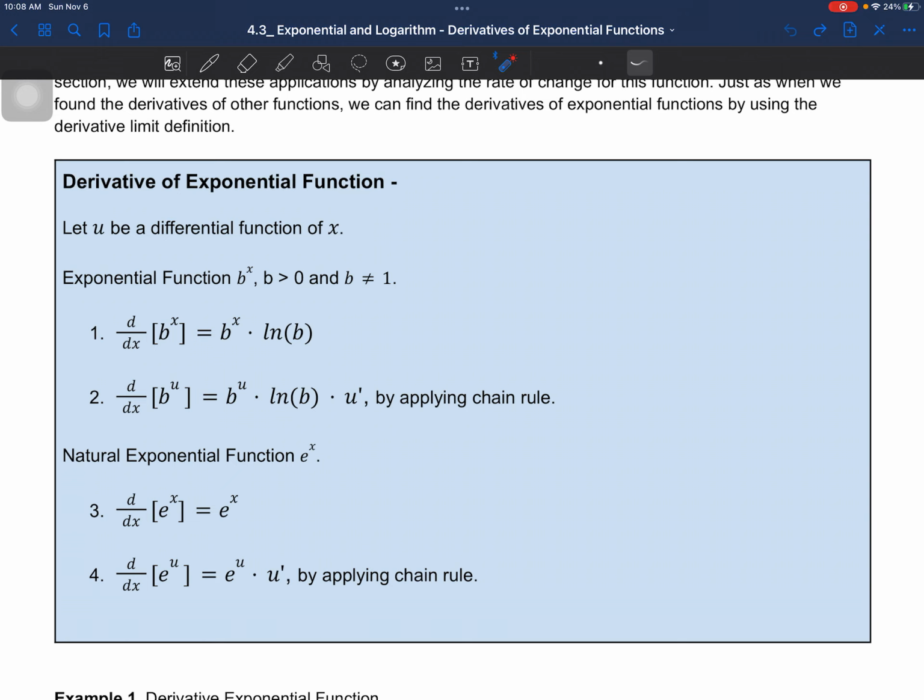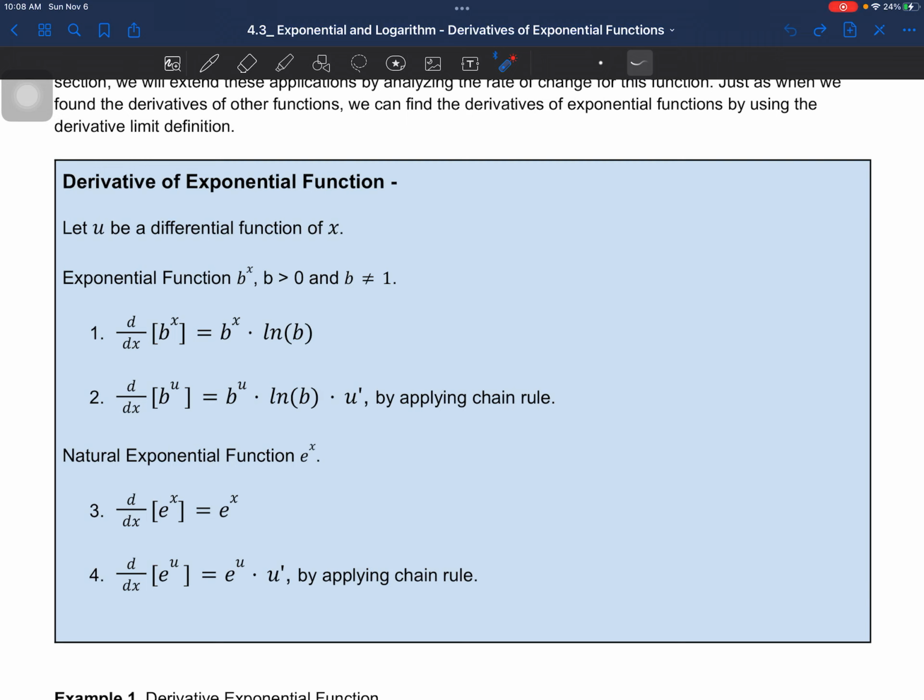And then remember, because it's an exponential, you still gotta multiply by the natural log of b. So this pretty much looks exactly like what we did before. But because this is the chain rule, we have to multiply at the end by the derivative of the inside. So here we go. And that's pretty much it. That's basically the derivative of the exponential function.